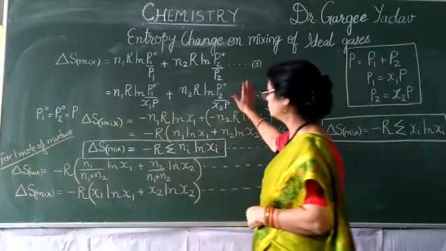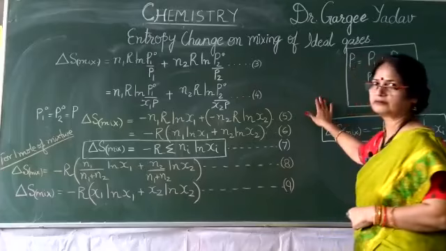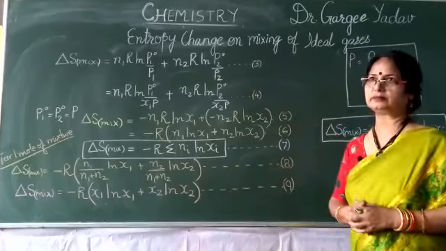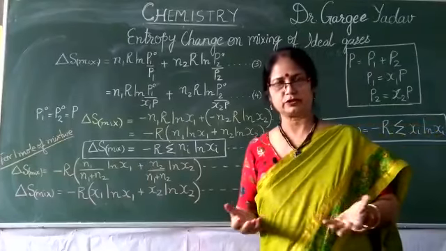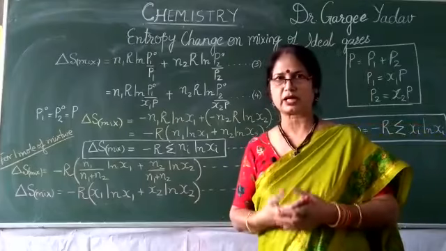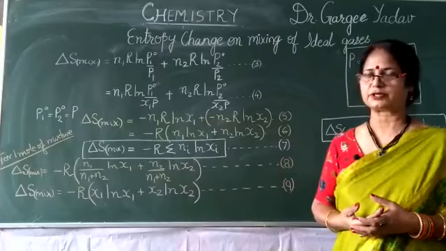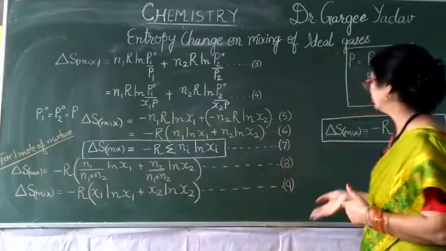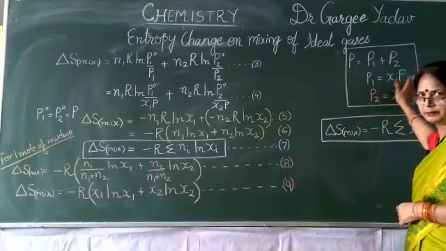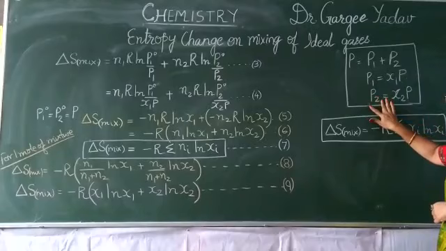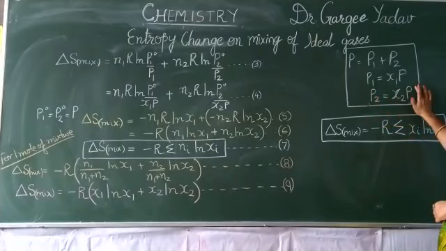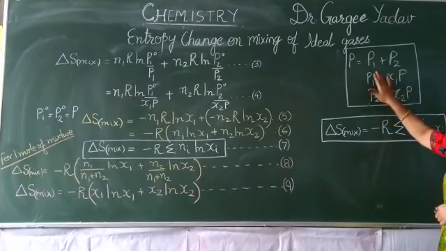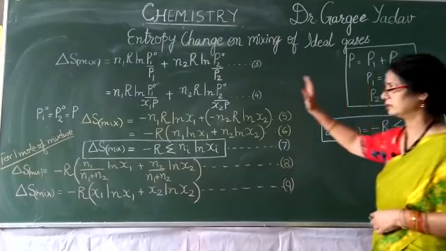So we know that if the final pressure is P, then P will be equal to P1 plus P2, and according to Dalton's law of partial pressure, if X1 and X2 are the mole fractions, then P1 will be equal to X1 P, the total pressure, and P2 will be equal to X2 P. Now let us substitute these values of P1 and P2 in equation number 3.